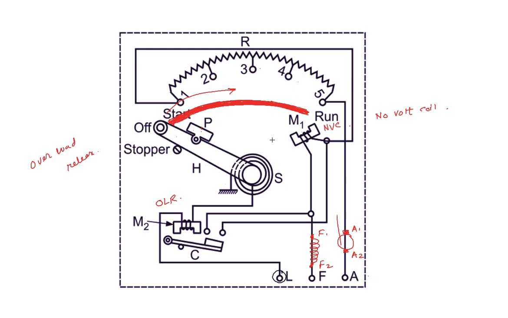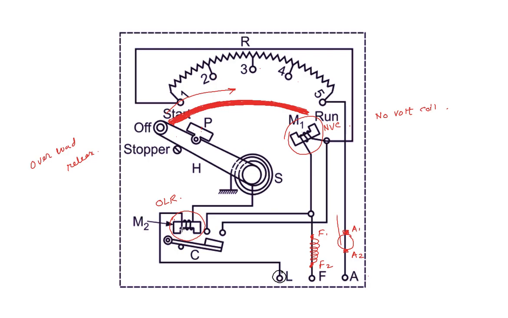So you can say that this is one electromagnet, this is another electromagnet. One stands for off, and 5 stands for run. It means when this handle is in the off position, then this armature has the starter resistance plus the armature resistance, because you can see that this resistance is connected with the armature.